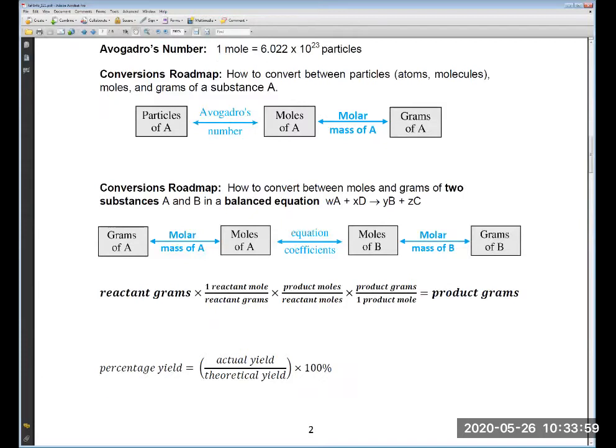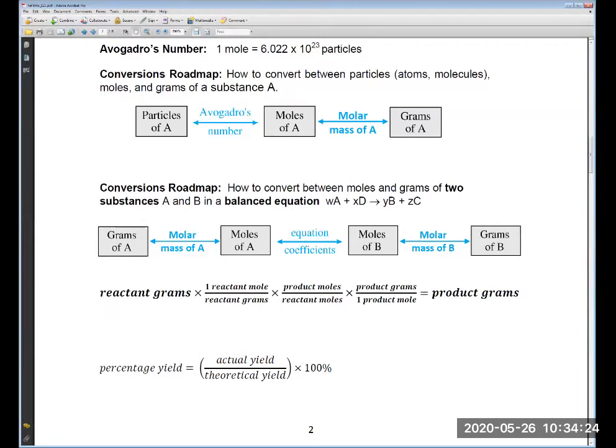Each arrow between the labels there is a conversion factor. Because substances A and B are related in moles, by the coefficients of the equation, you can only change the moles of A to moles of B using the coefficient from the balanced equation, right?